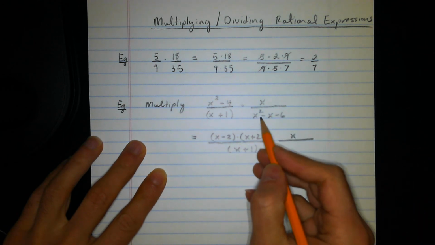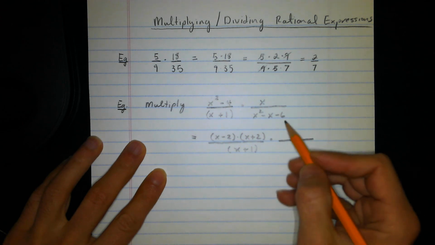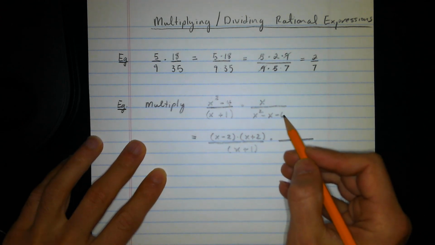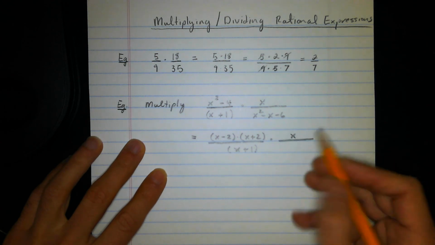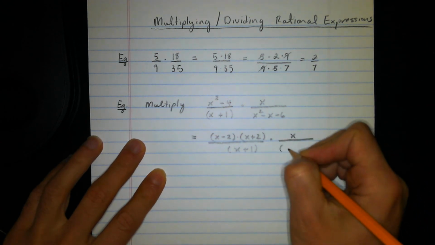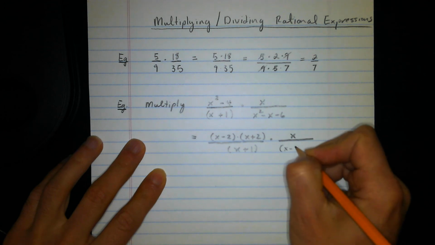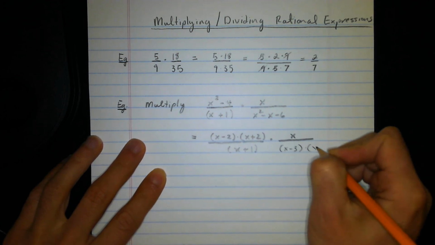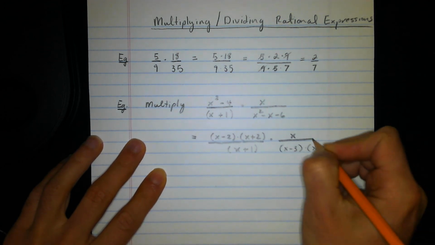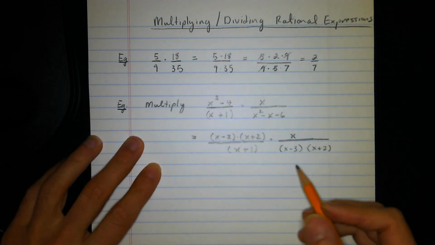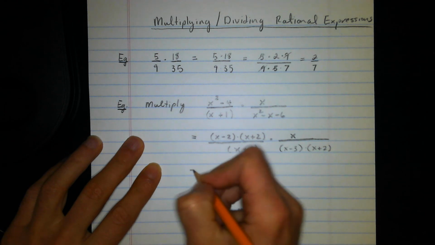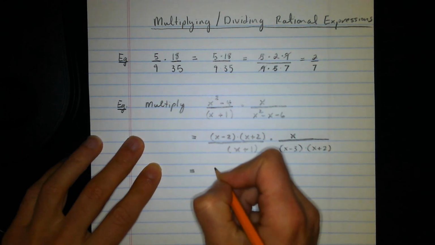And then this one factors as x minus 3, x plus 2, since minus 3 times 2 is minus 6, and minus 3 plus 2 is minus 1. Okay, and now we can form a single fraction, complete the multiplication.